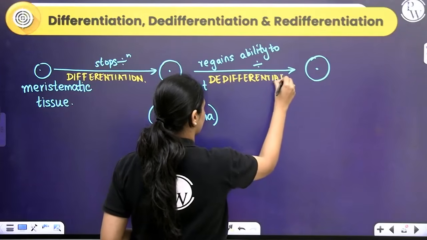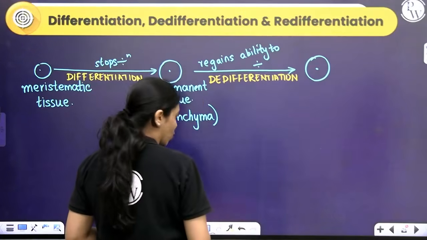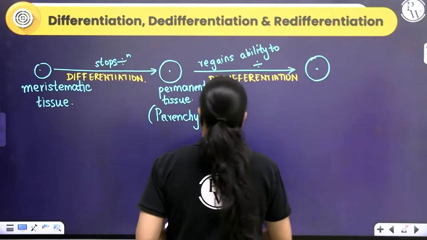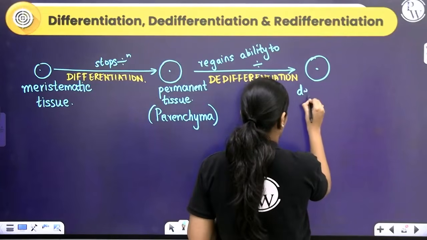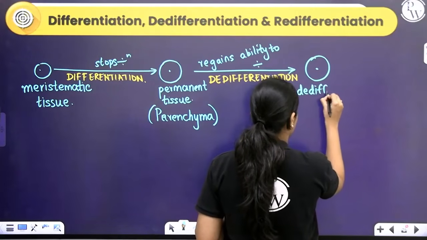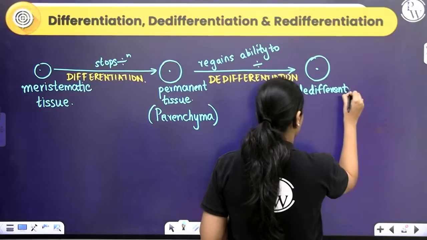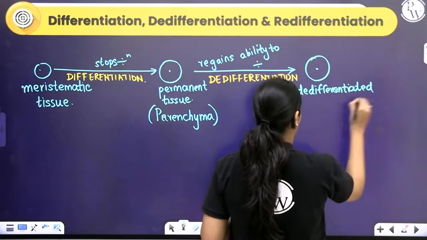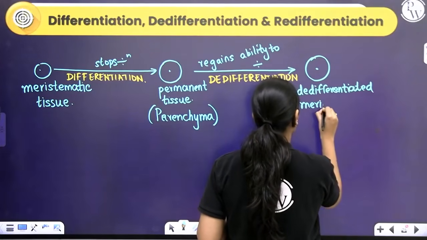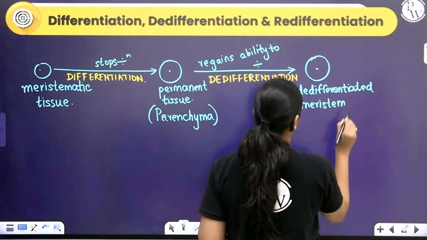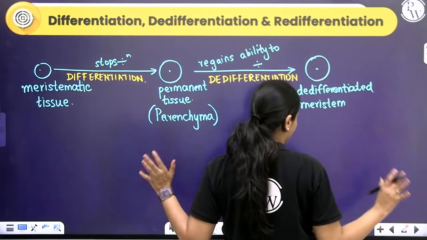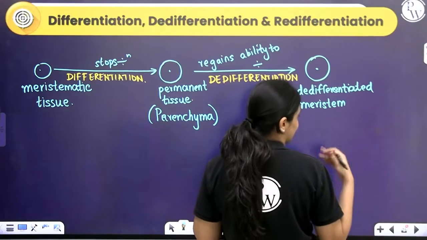Now what we get here is a meristem that we call differentiated meristem. This wasn't always a meristem, it had become permanent, but right now it has regained the ability to divide and become meristematic again.